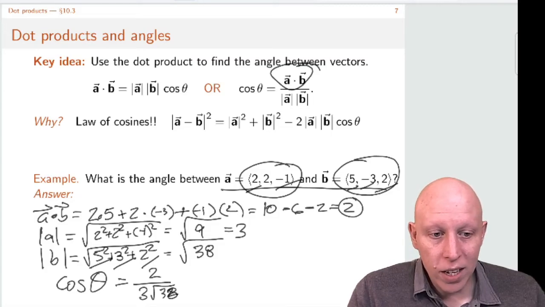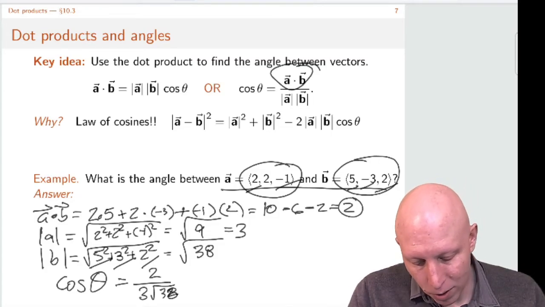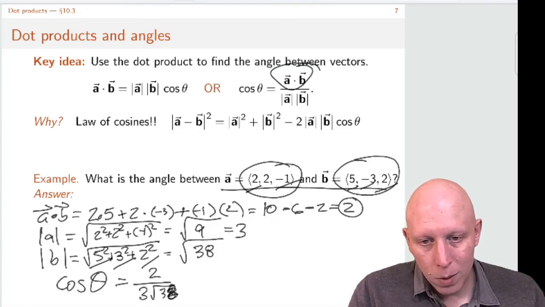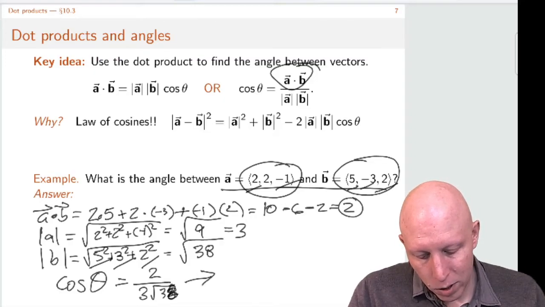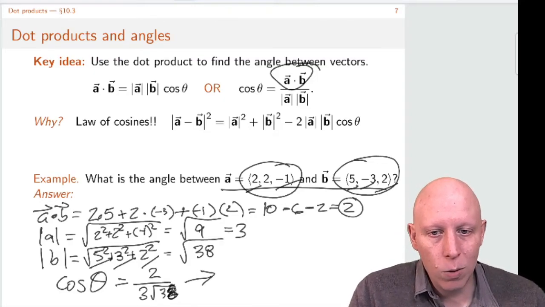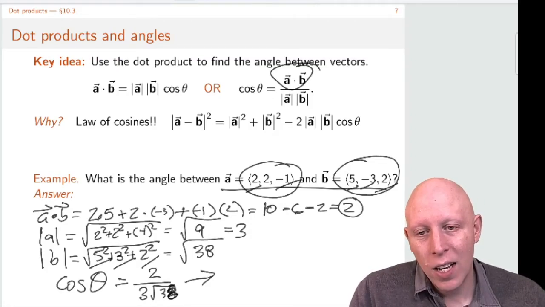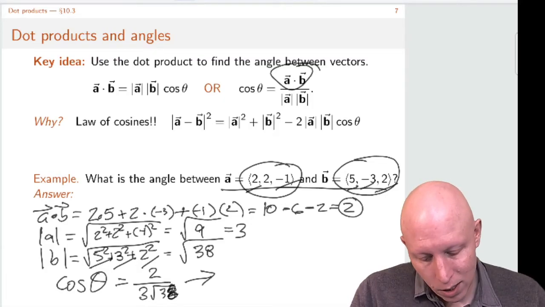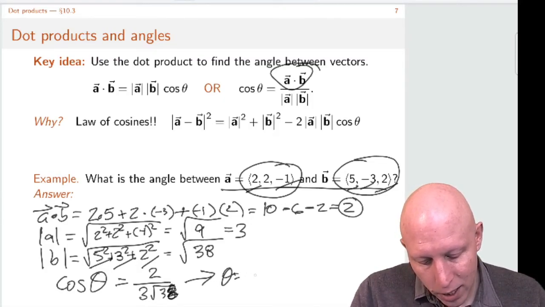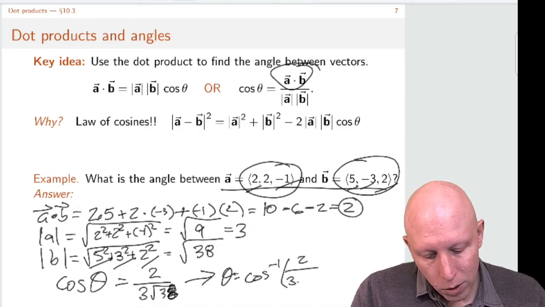So we'd pull up our calculator or our computer program, plug this in, and use it to figure out what cosine of theta is, and take the inverse cosine of both sides. This is telling us that theta is equal to the inverse cosine of 2 over 3 square root of 38.